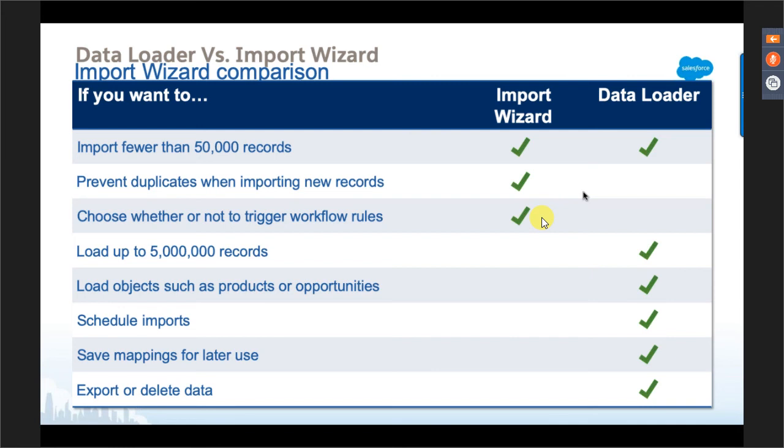So prior to using the data loader, or as part of using the data loader, once it's opened you select what you would like to do: insert, update, upsert, export, export all, delete or delete all. One single feature has to be selected. And then you have to go in and get a security token.